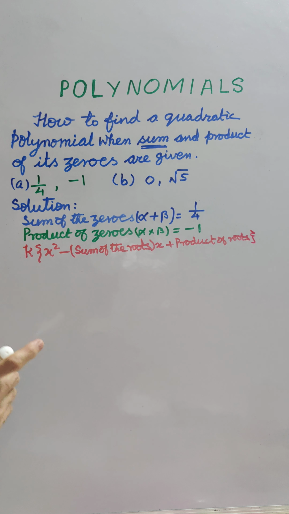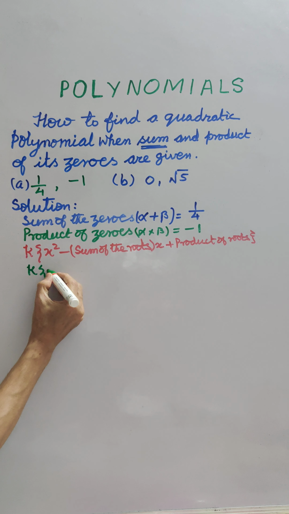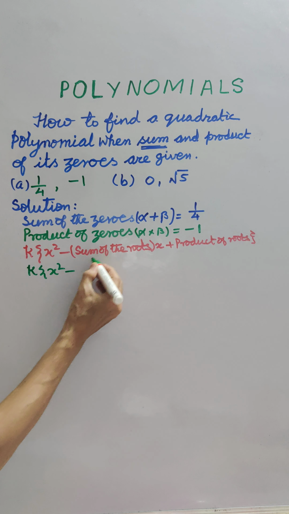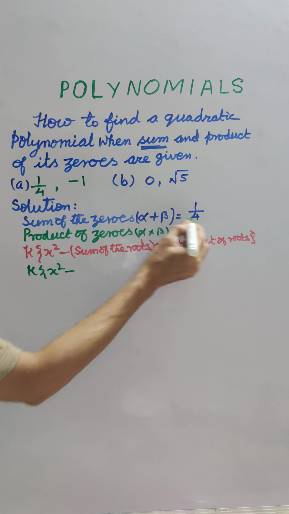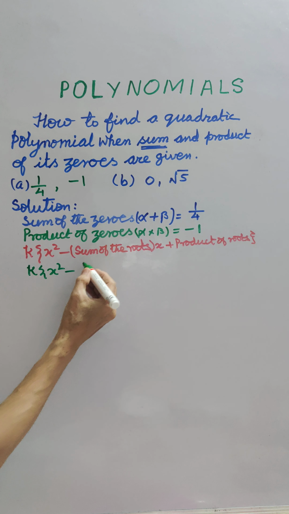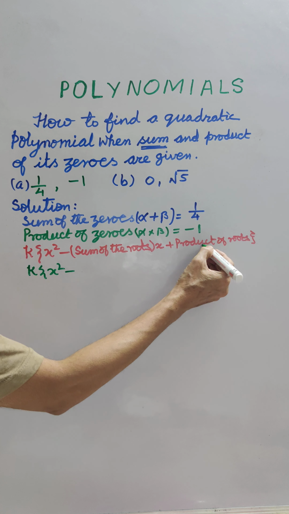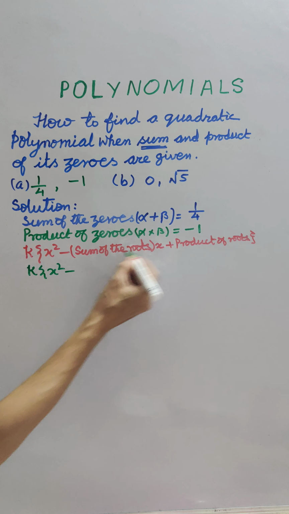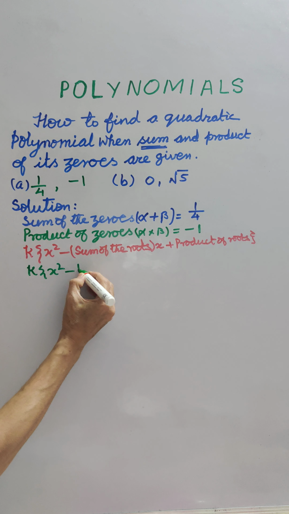So this way, we shall directly substitute the values into the formula. So it will turn k within bracket x square minus sum of the zeros, alpha plus beta, into x, plus alpha into beta. So it is 1 upon 4.